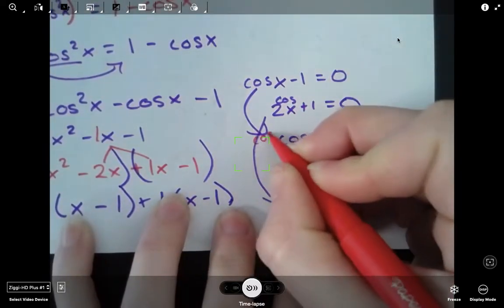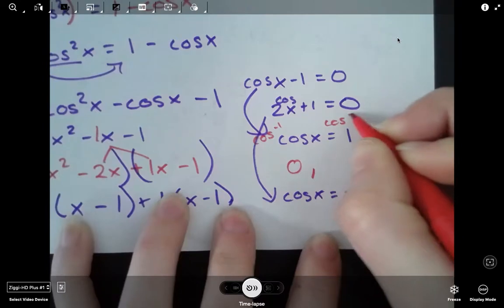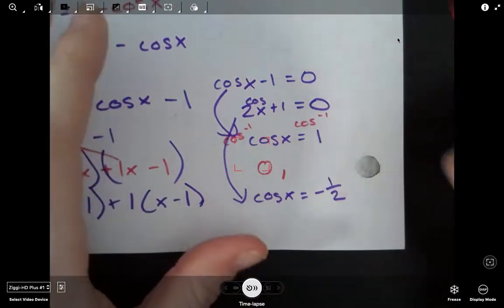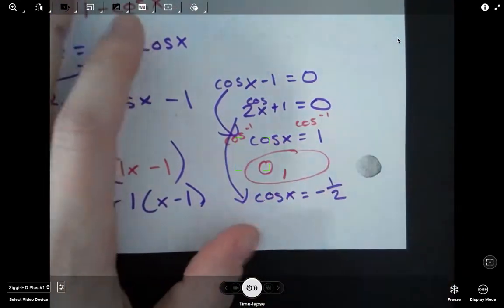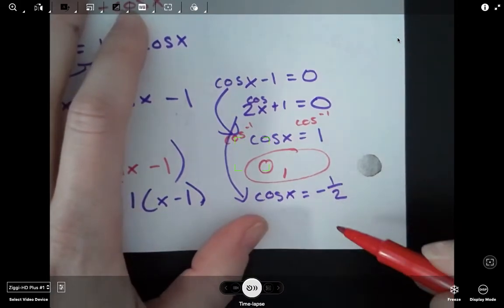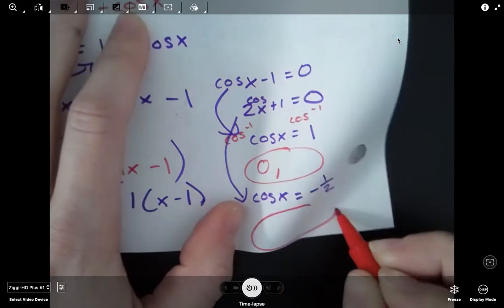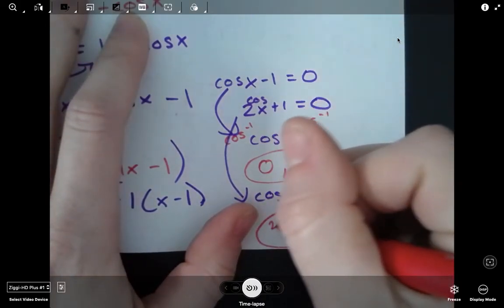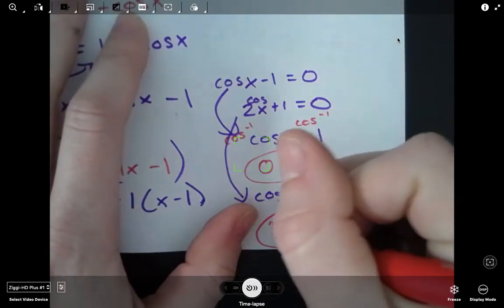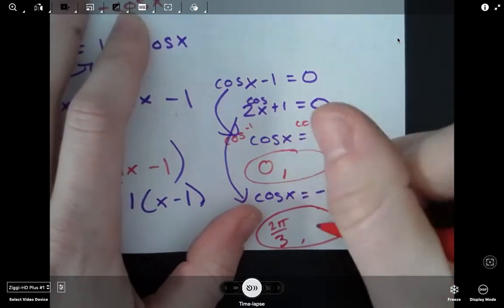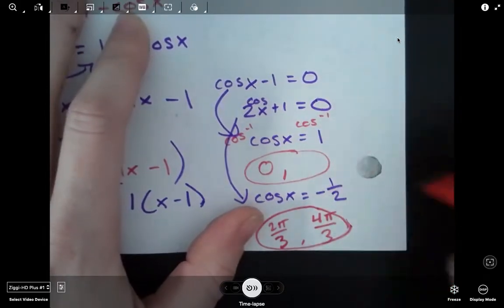At 0, if I do inverse cosine. I'll show you why that's not right in a second. Where is cosine negative 1/2? There's two places: 2 pi over 3, and the other one is 4 pi over 3. Those are the two answers.